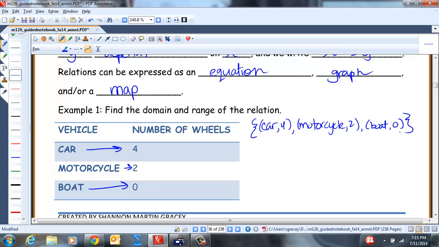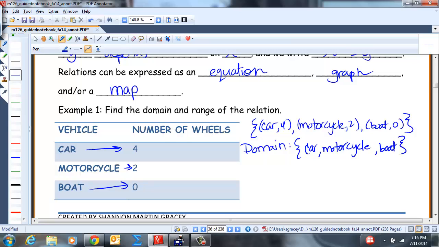And the set brackets on the end designate that these are all in the same coordinate plane if you were graphing them. Now, the domain is the set of all possible inputs. In this case, the domain will be the set of inputs, which are car, motorcycle, and boat.